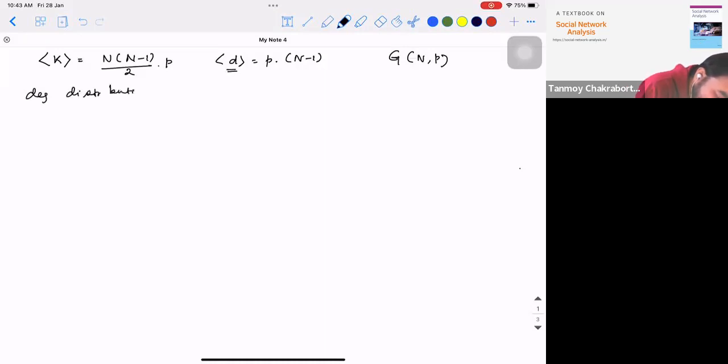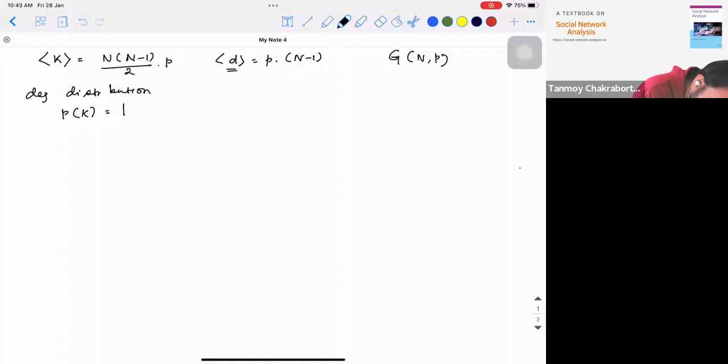In degree distribution, what is our aim? Our aim is to find the probability pk. What is pk?